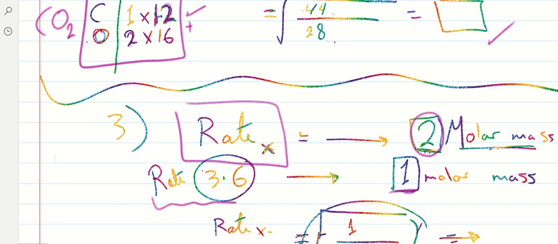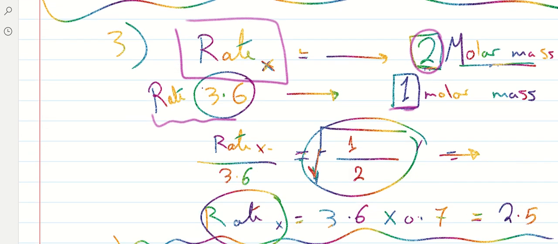Easily I'm gonna write rate X divided by 3.6 equals square root, and then you're gonna make the cross, here 1 and here 2. From the calculator, if you calculate the square root of half, it will be 0.7.